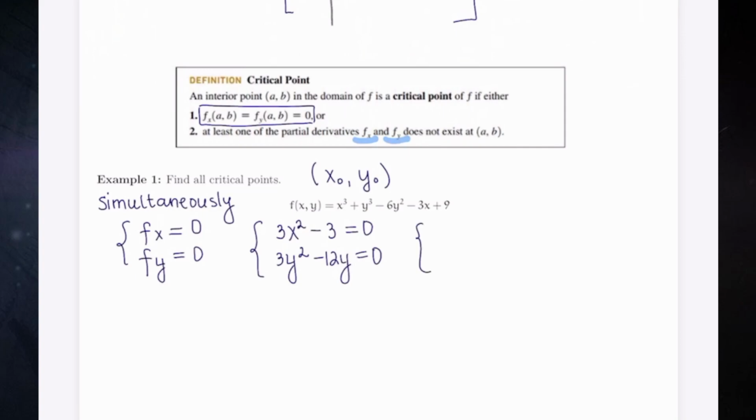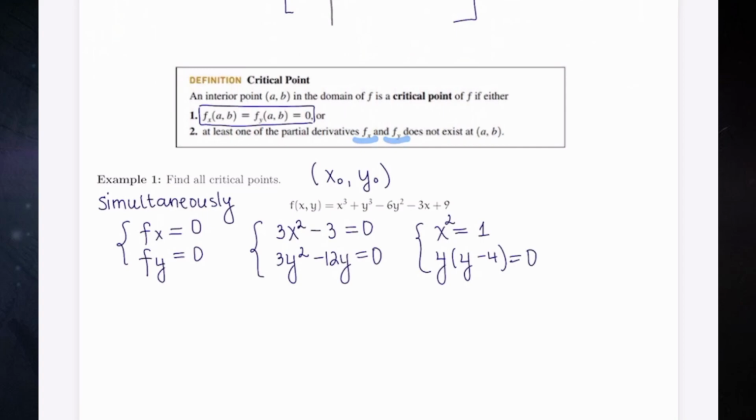So from the first equation, we get that x squared is equal to 1. If I put the negative 3 on the right side and reduce by 3, that's what I get. And over here, we can reduce by 3 and factor y. We're going to get y times (y minus 4) is equal to 0.